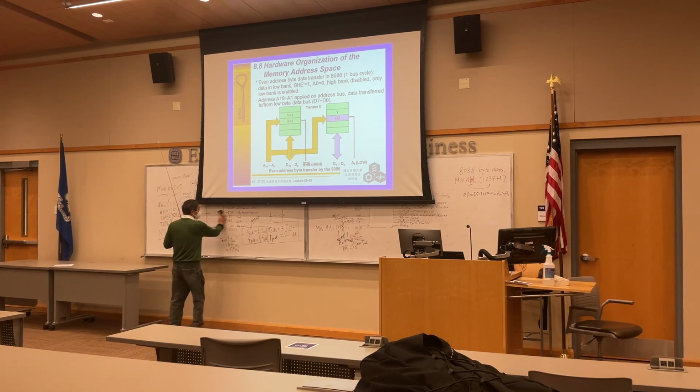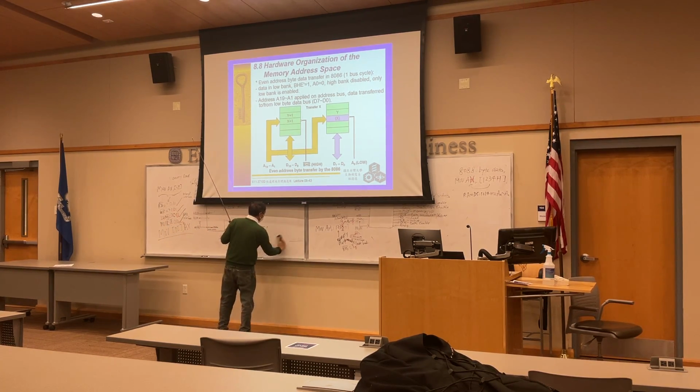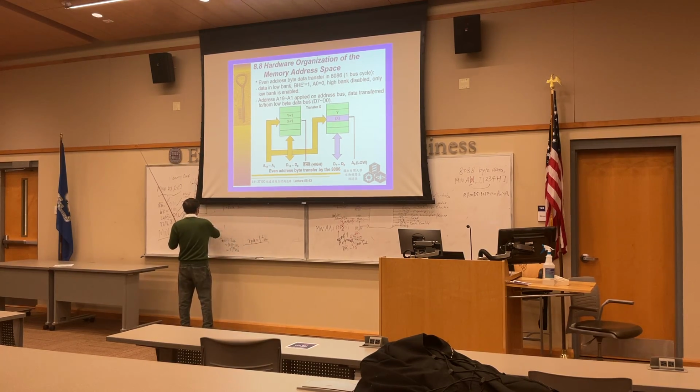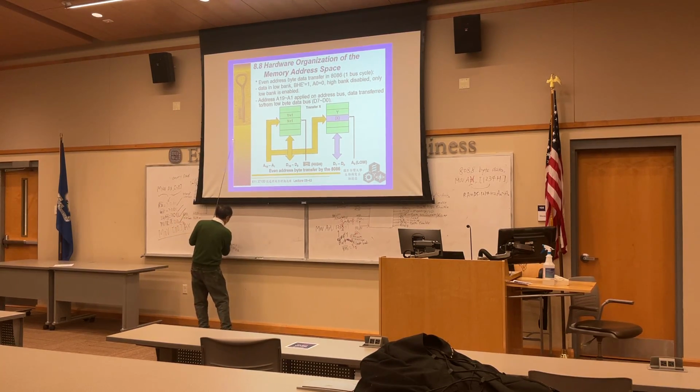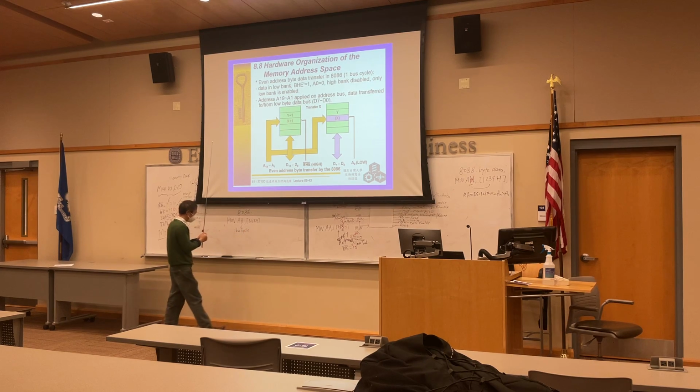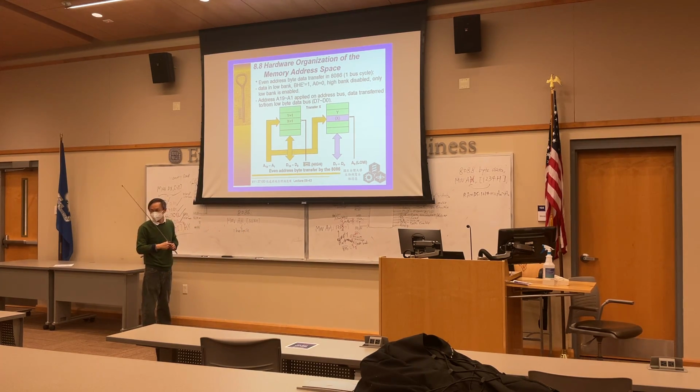So say for example, on the 8086, MOV AH, 1234H. One bus cycle. Regardless of even or odd address, we don't care.